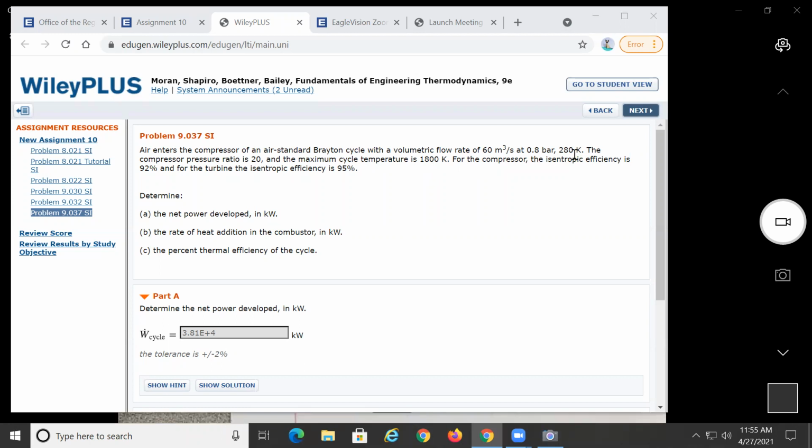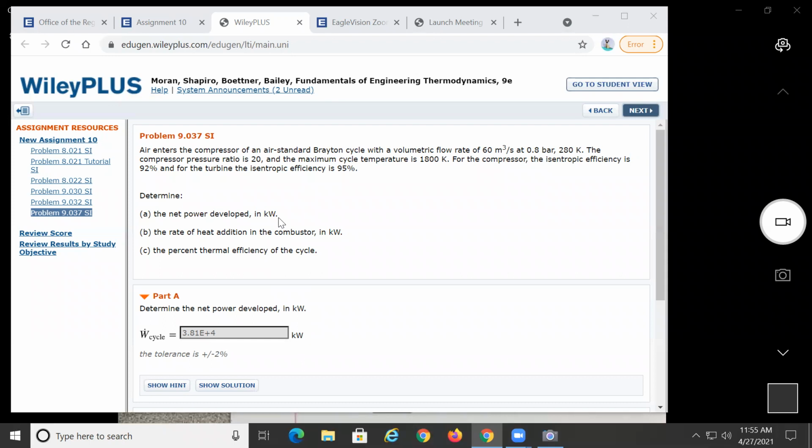For the compressor, the isentropic efficiency is 92%, and for the turbine, the isentropic efficiency is 95%. Determine the net power developed in kilowatts, the rate of heat addition to the combustor, the percentage of thermal efficiency of the cycle.